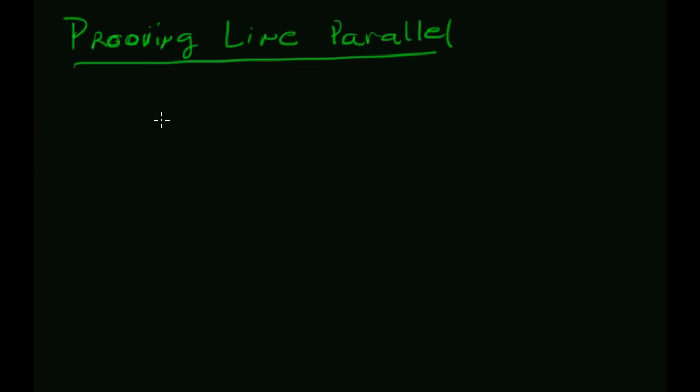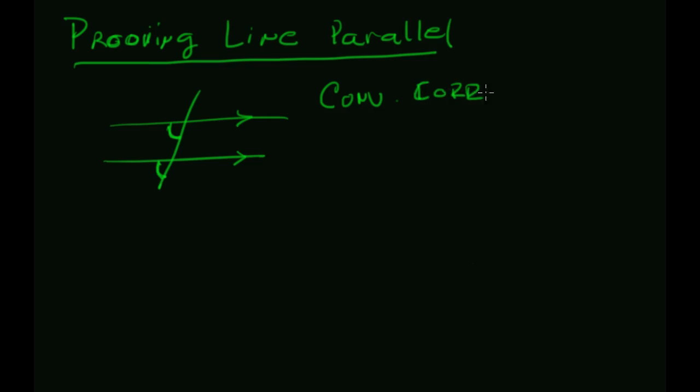Last time around, we had this idea: if I have the drawing and I have the parallel lines, then I know that the corresponding angles are congruent. The converse to this is the converse to the corresponding angles postulate.